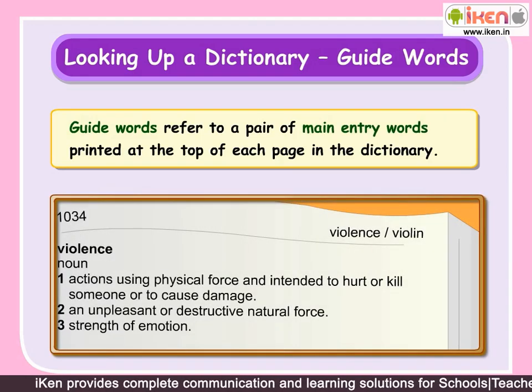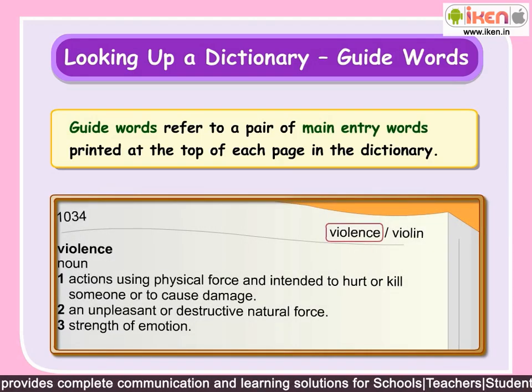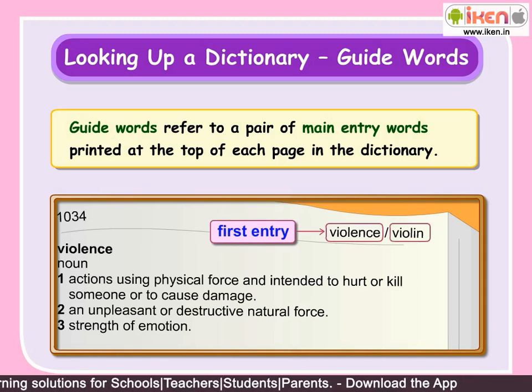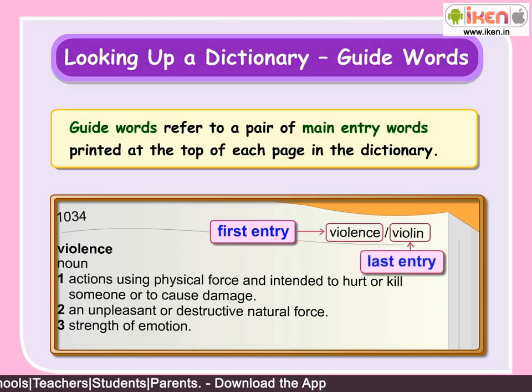The guide word appearing on the left-hand side refers to the first entry listed on that page. The guide word appearing on the right-hand side refers to the last entry listed on that page. Any entry between the pair of guide words will appear alphabetically on that page.